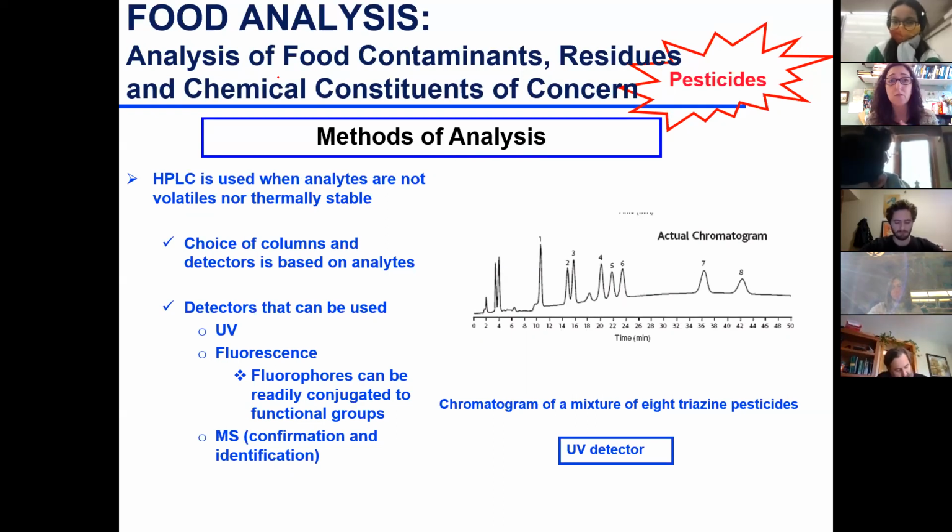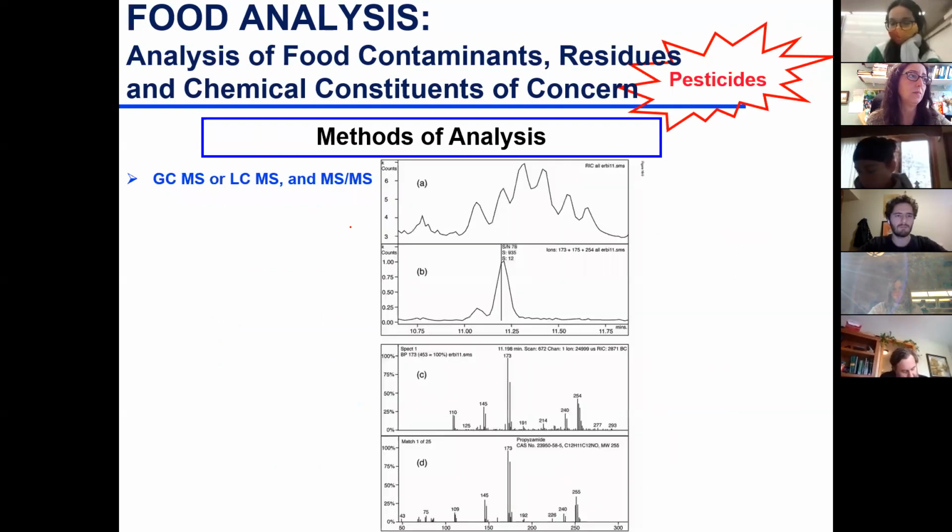Does it absorb light? We can use a UV detector. If it doesn't have any specific characteristic, we can use the universal one, which is the light scattering detector. Or we can use MS, which is also the most common one used for pesticide analysis.